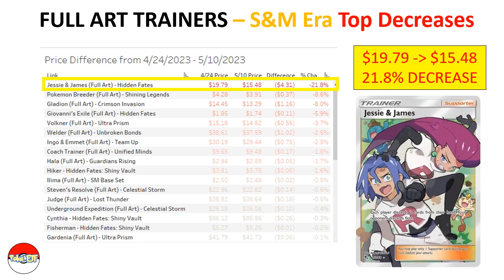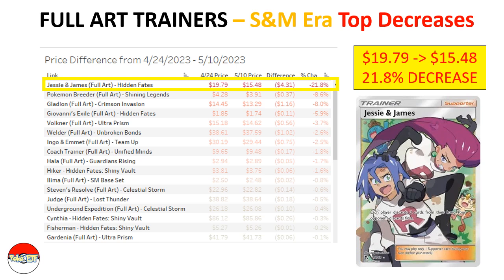And I believe a lot of people wanted to buy Jessie and James cards, and it really grew in price, but I think the price is coming down because the demand is coming down for this card. And so you can see here it was $20 and now it came back to $15, a 21.8% decrease.